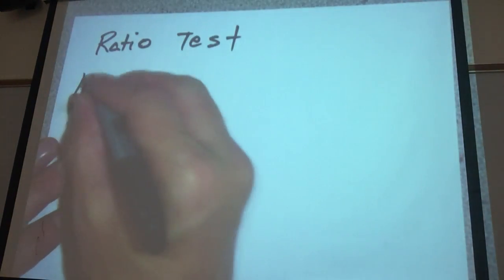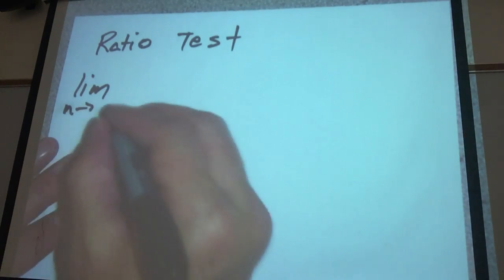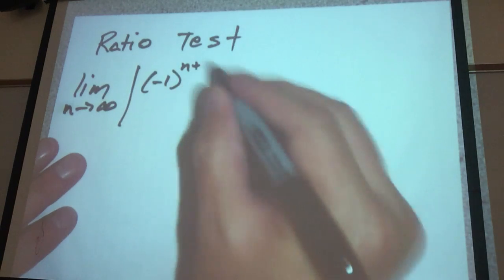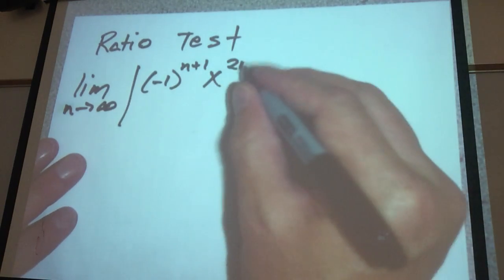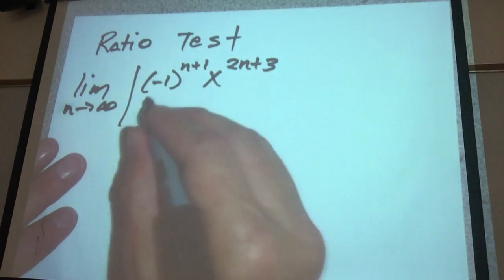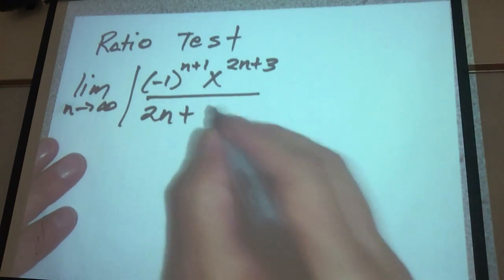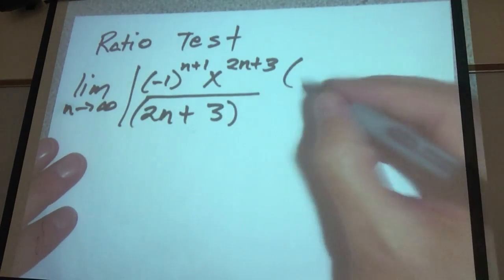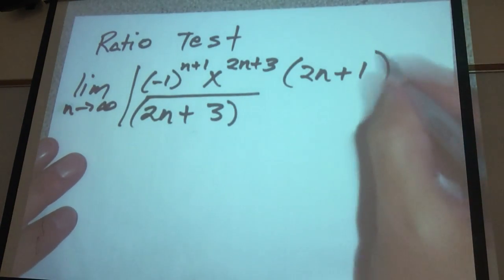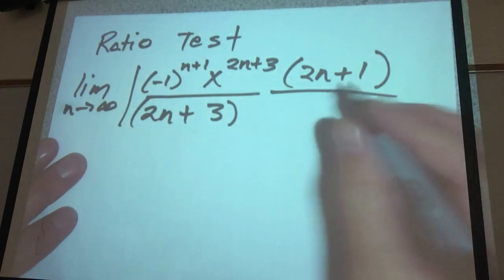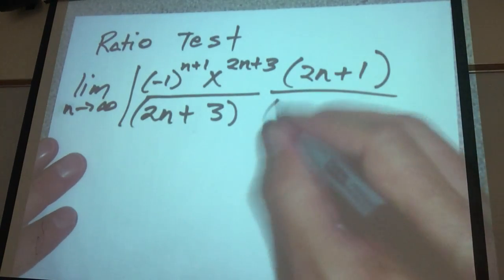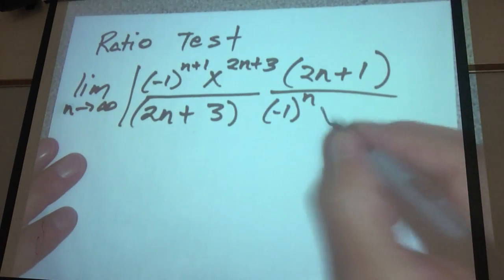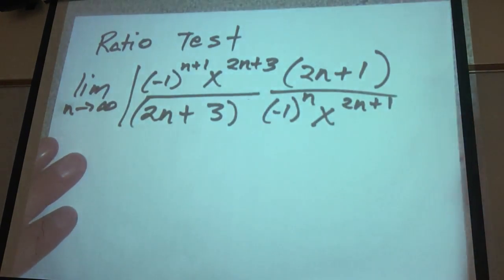We're going to have the limit as n tends towards infinity of the absolute value of negative 1 to the n plus 1, x to the 2n plus 3, divided by 2n plus 3, and then multiplied by 2n plus 1 over negative 1 to the n, x to the 2n plus 1.